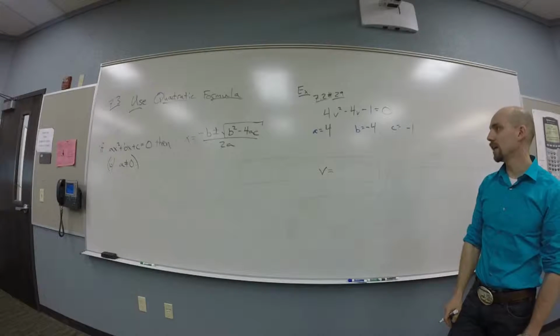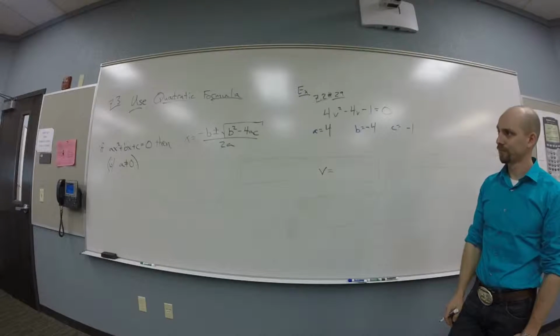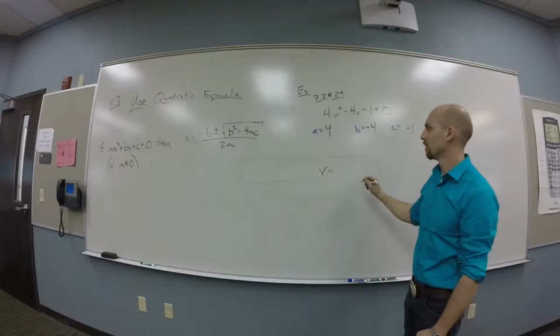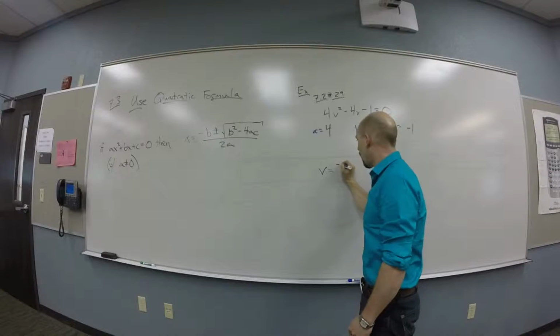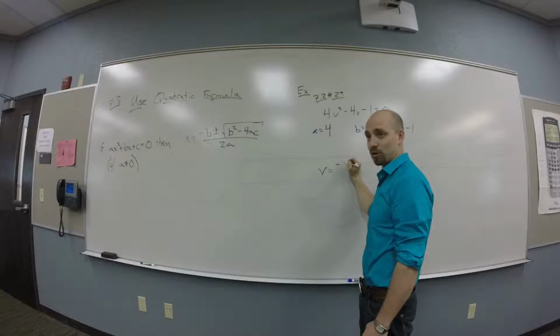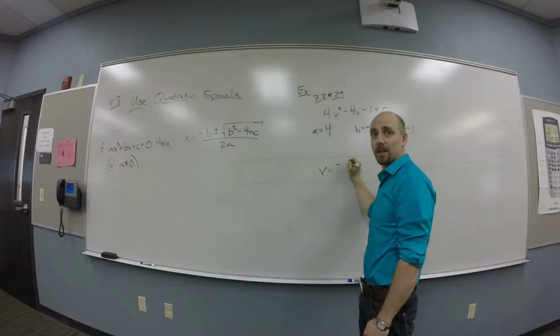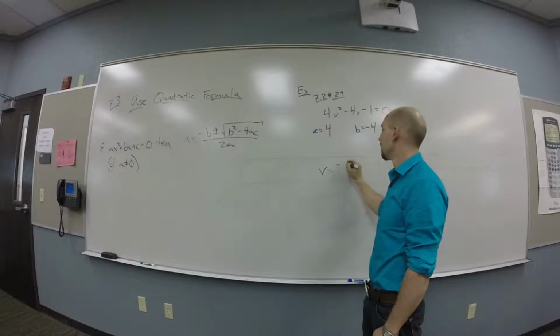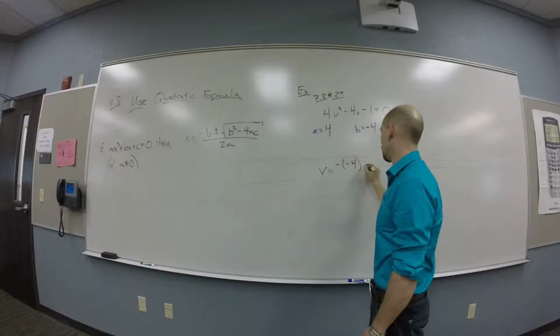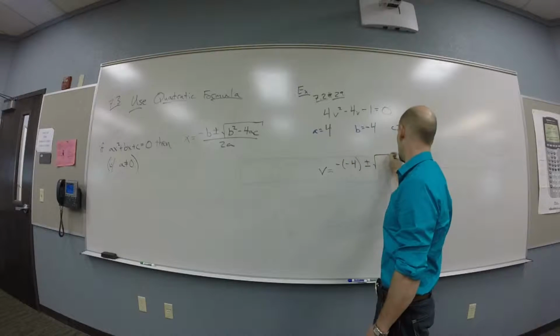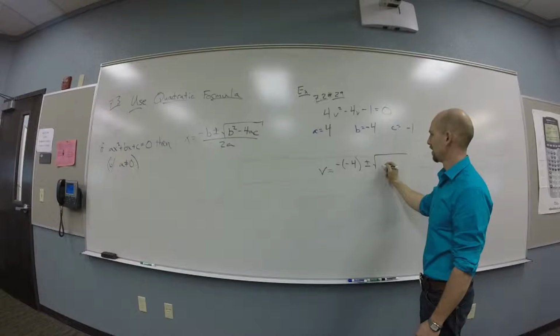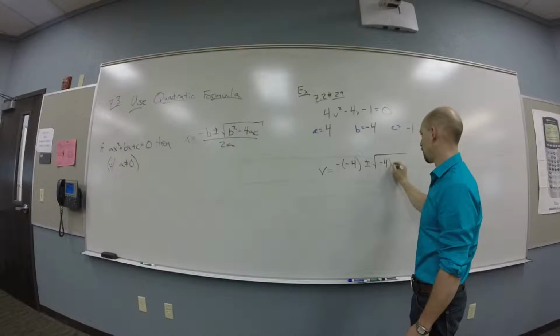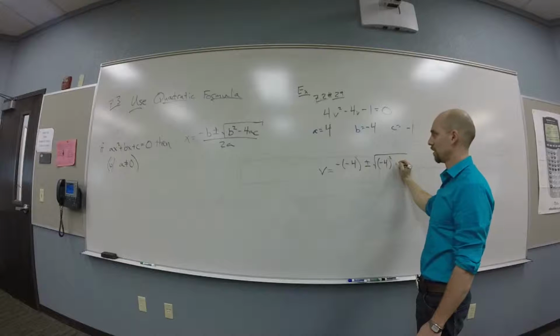Okay, so I got B is what? So I personally would recommend writing down negative, and then what's B? -4. -4, plus or minus the square root. What was B again? -4, and I'm supposed to square that.